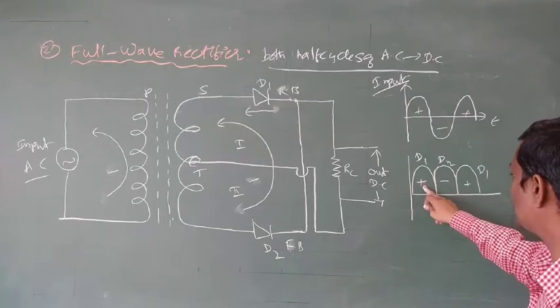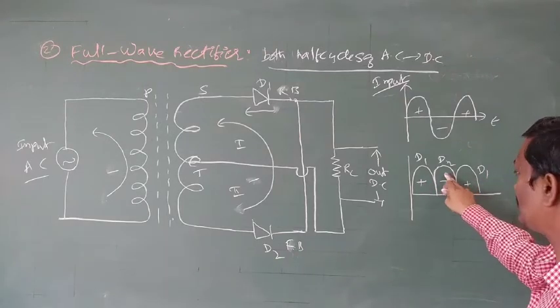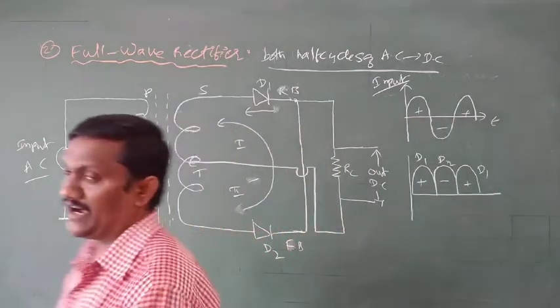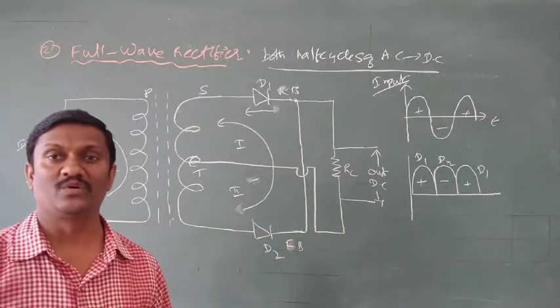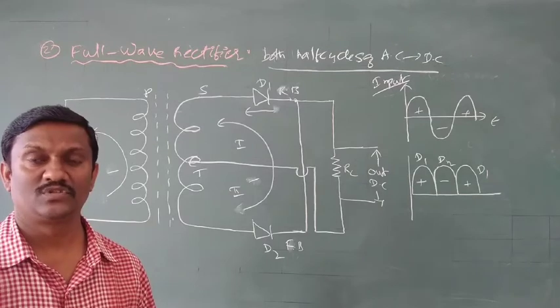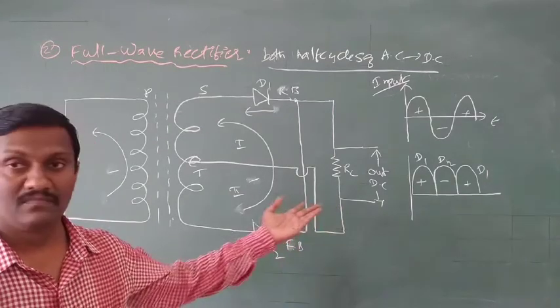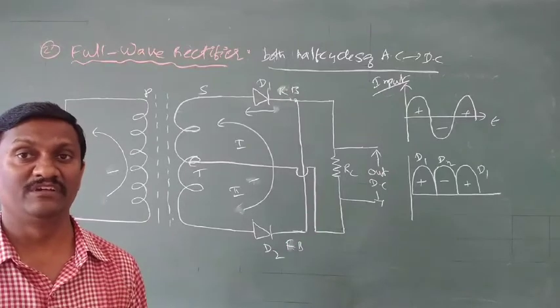Half of the current is rectified by diode 1 and the remaining half by diode 2. Totally, both half cycles are rectified into DC. That kind of rectifier is called a full wave rectifier.